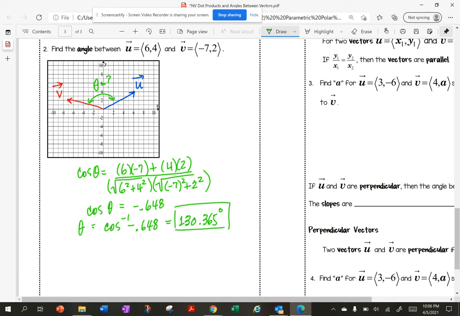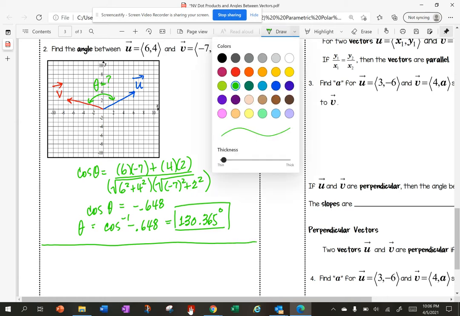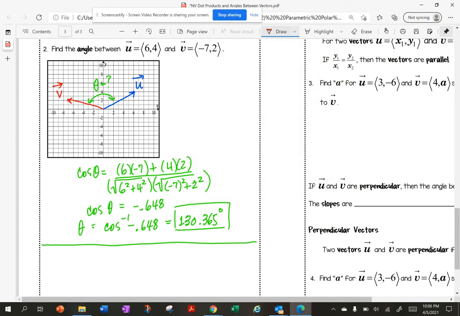Okay. So I can solve it this way, just substituting into the formula, or I could do it another way. So I'm going to just show you so you have more choices.